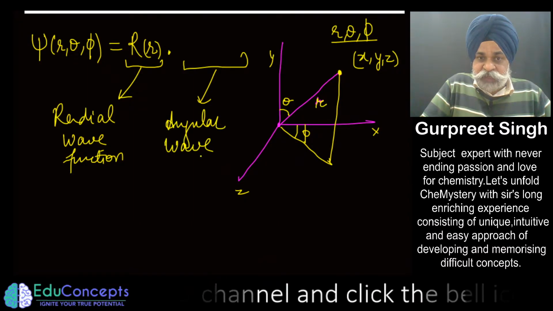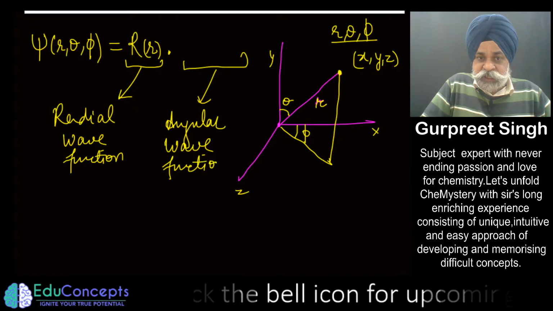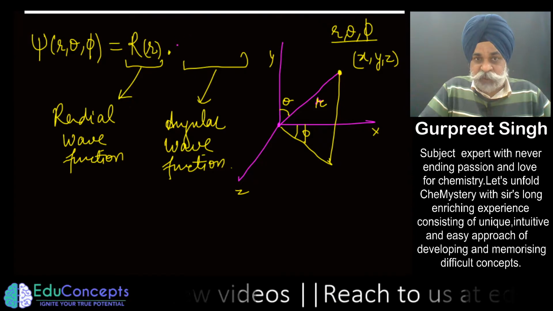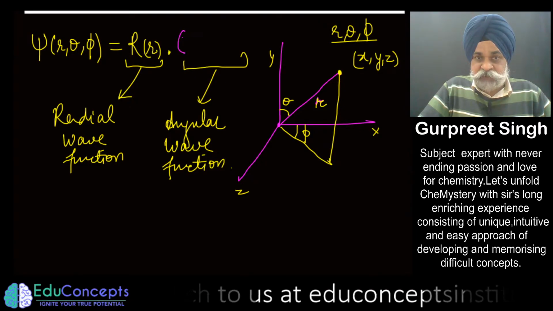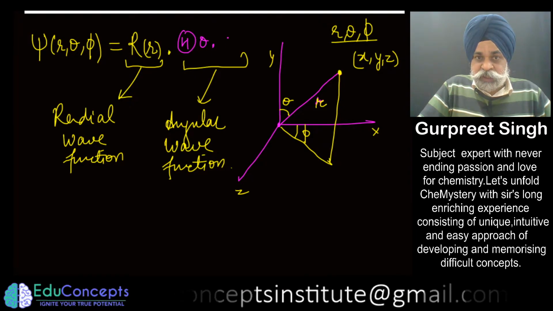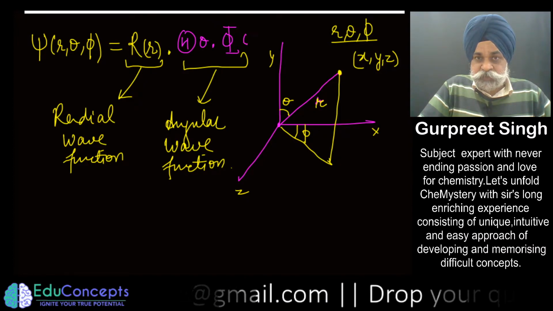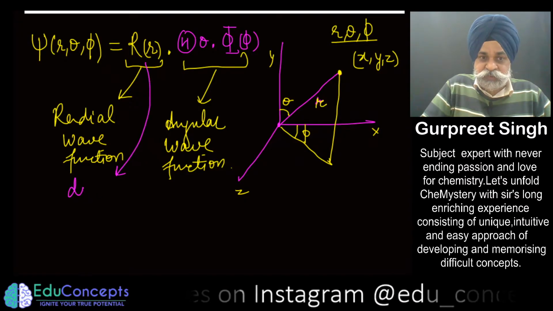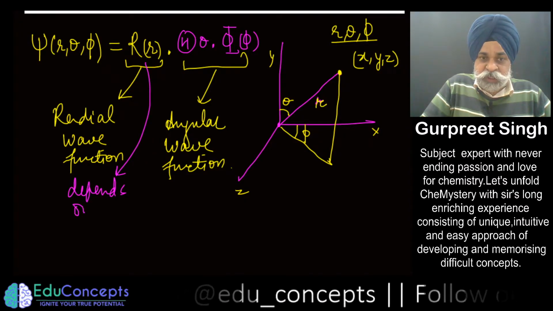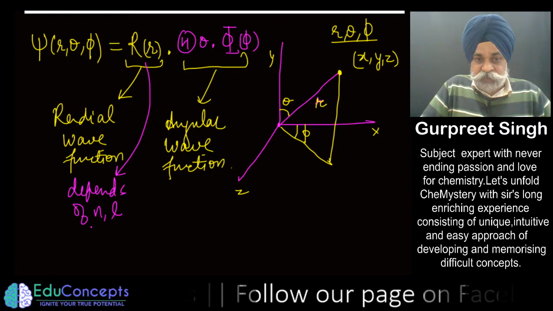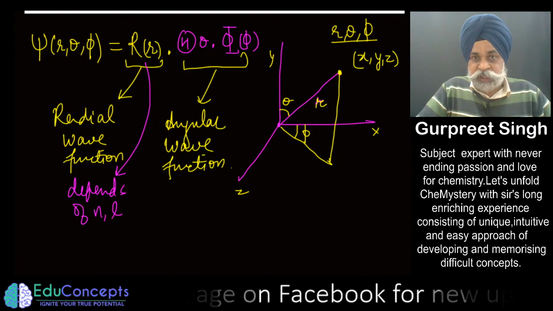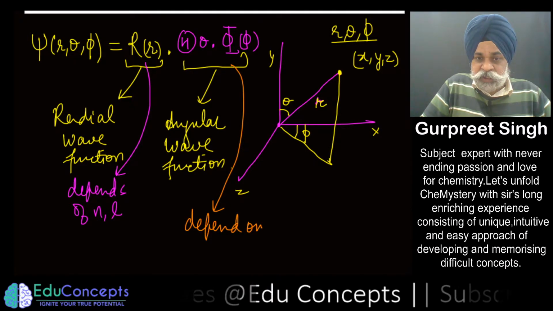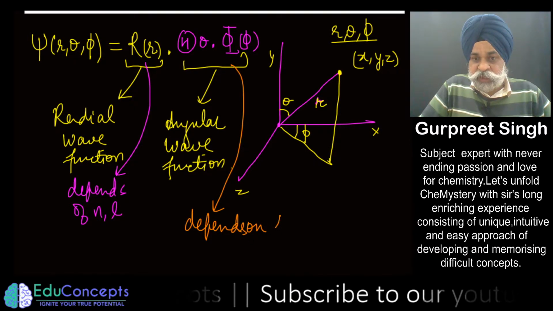Up to 11th or 12th class, we teach more of the radial wave function rather than the angular one. The angular part has theta and phi. The radial wave function depends on n and l, the principal quantum number and azimuthal quantum number, and the angular part, as external information I am passing to you, depends on l and m.